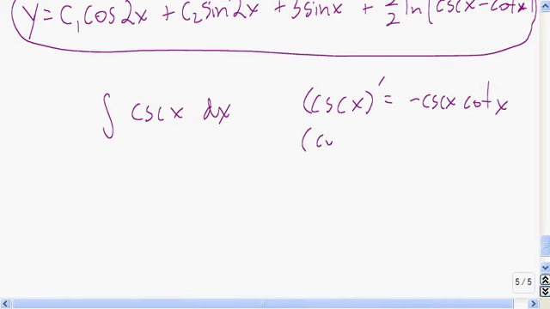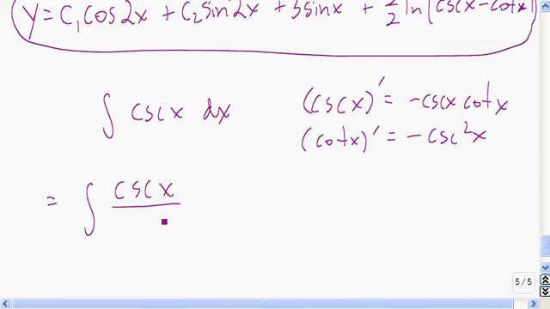And the derivative of cotangent of x is negative cosecant squared of x. Right? So the trick to integrating this, and the one for secant is similar, is to create a fraction and multiply the top and the bottom by cosecant of x minus cotangent of x.